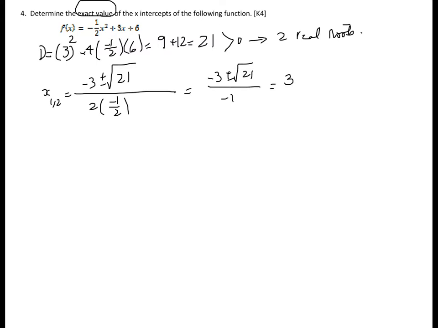And when you multiply negative by plus or minus, it becomes negative plus. It just flips. And then square root of 21 over negative 1 times negative 1 is going to give you 1, so I'm not going to write it. So the answer is 3 negative plus square root of 21 over 1. And you cannot simplify square root of 21 because 21 is 3 times 7, and both of them are prime numbers.